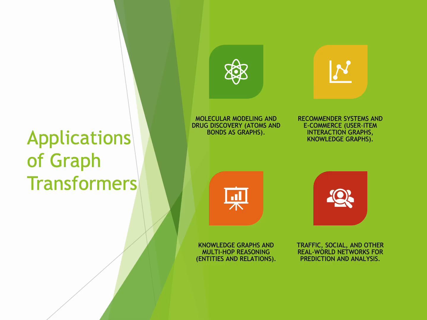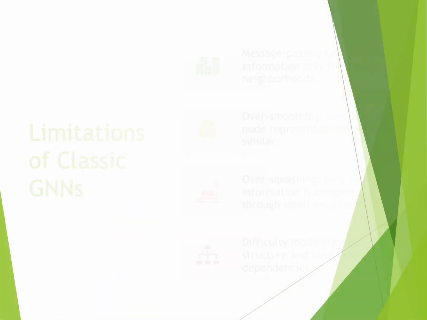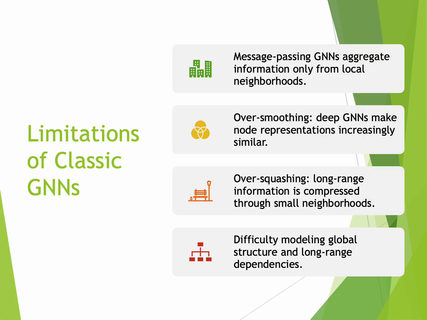So, if there exist applications, there should also be limitations. So, what are the limitations of this? Traditional message passing graph neural networks have been very successful, but they come with limitations. First, if we stack too many GNN layers, we run into over smoothing, where node embeddings become almost indistinguishable.